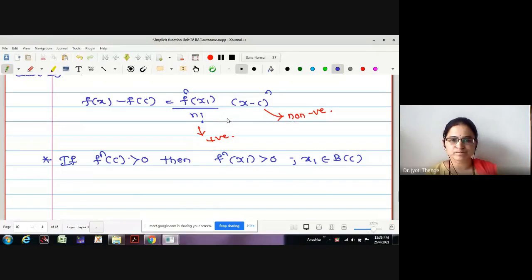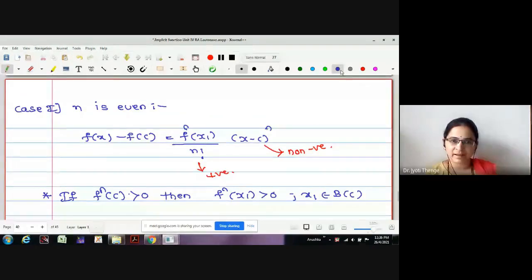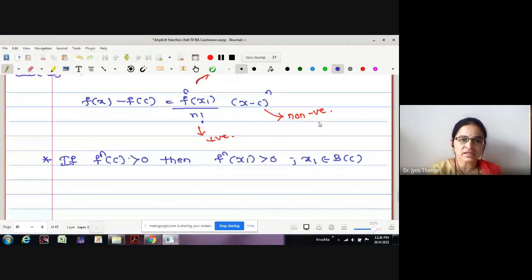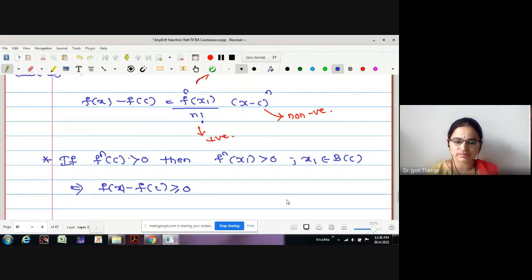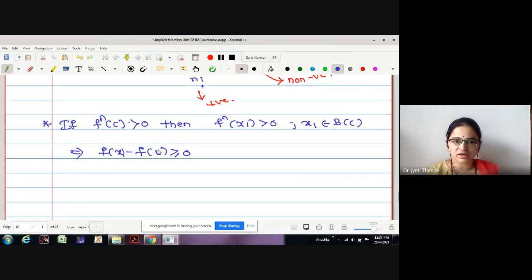Correct? Therefore, if I consider this to be positive, the total nature is non-negative. Therefore the left hand side is non-negative, which implies f(x) minus f(c) is greater than or equal to 0, which in turn gives us f(x) is greater than or equal to f(c).